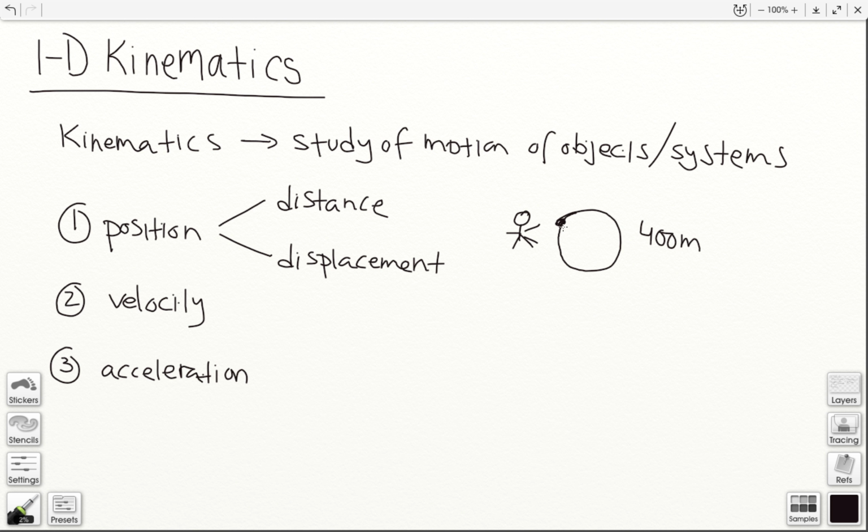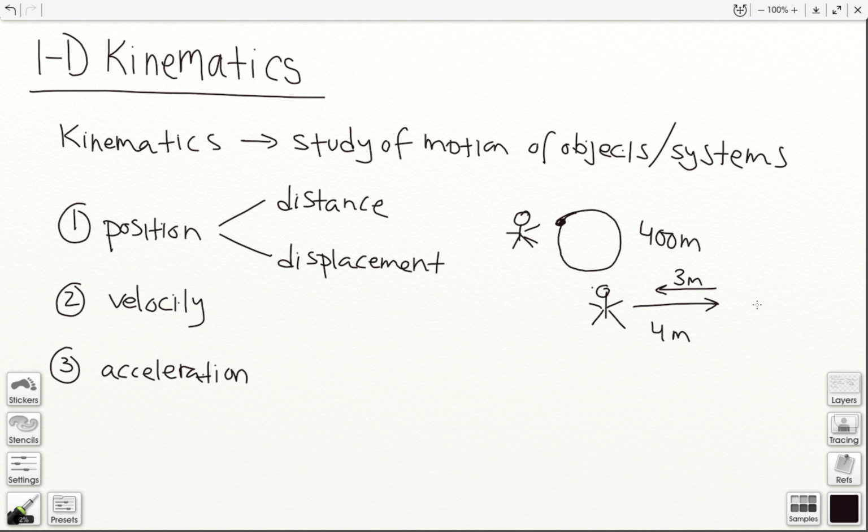Displacement is the change from the initial position to the final position. So they start off at this point, ran a lap, and end up at the same place. So their overall displacement is 0. Another example is a person who walked 4 meters to the right, and then walks back 3 meters.